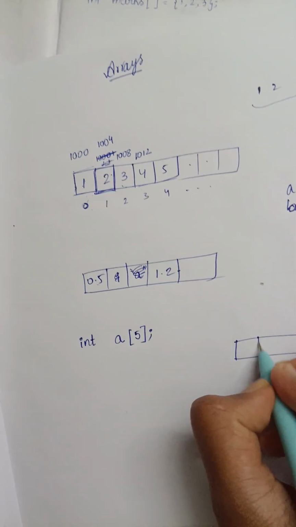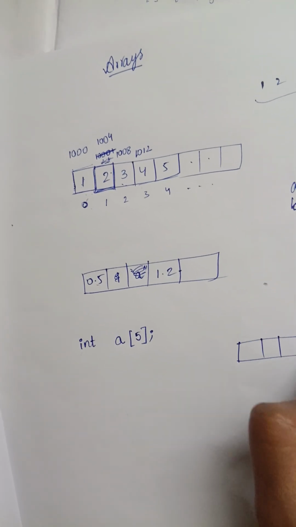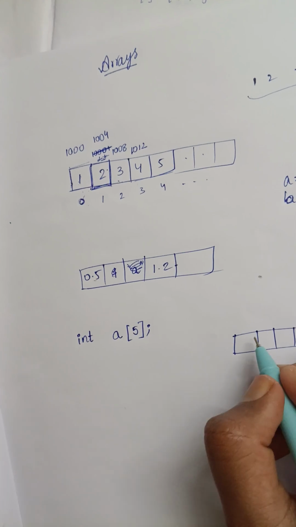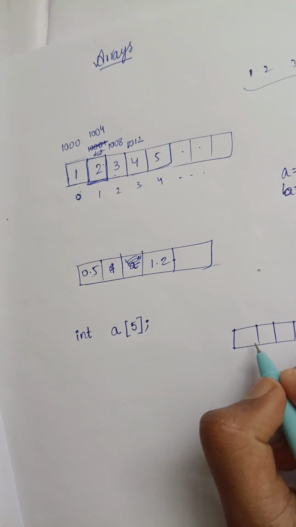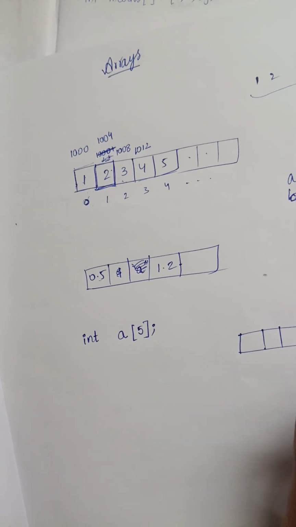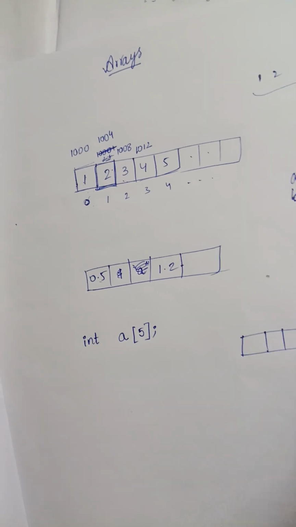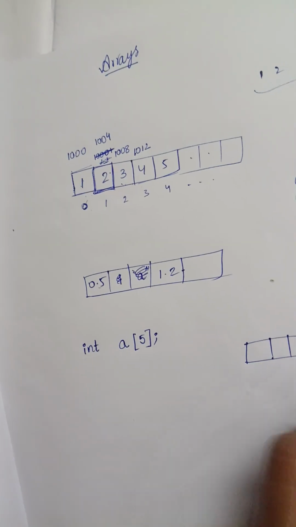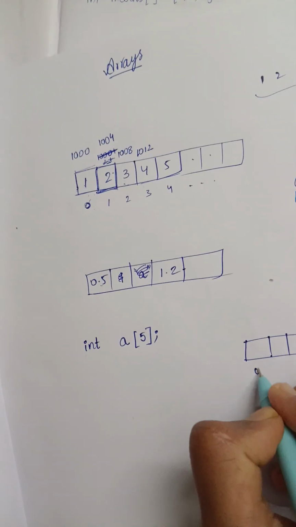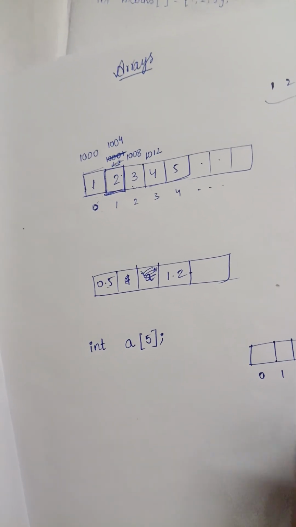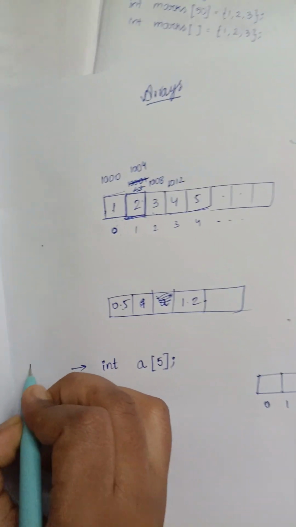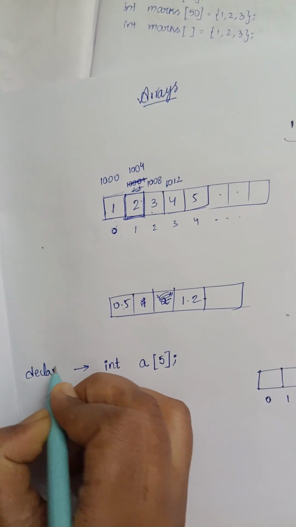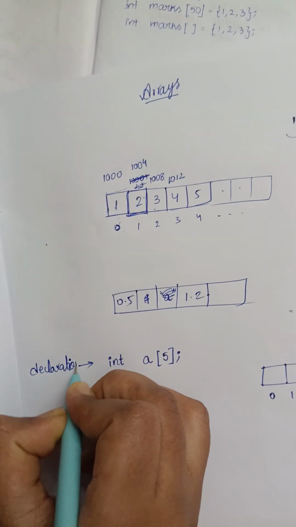That means we are creating an array which will store 5 integer elements, only integers, and it has 5 boxes. The indexes are 0, 1, 2, 3, 4. So this is nothing but declaring an array. This is the declaration of an array.